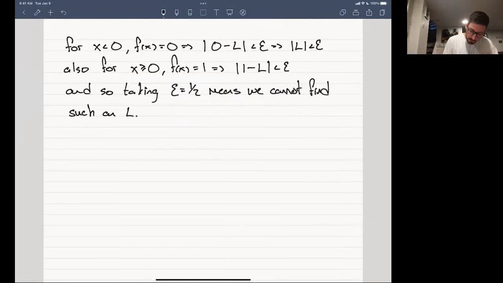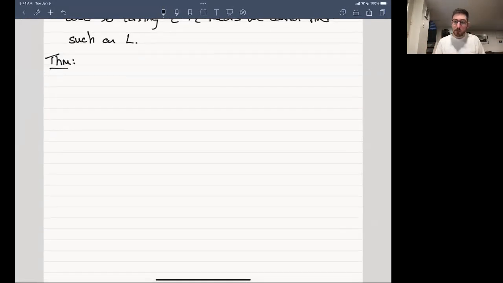Okay, so let me give you a nice theorem, because there are lots of important theorems that you're going to learn in this class, but my guess is the one you're going to get the most mileage out of is this theorem right here. Because what this theorem does is it lifts that epsilon delta definition of a limit that I just presented to you and poses it in terms of sequences.